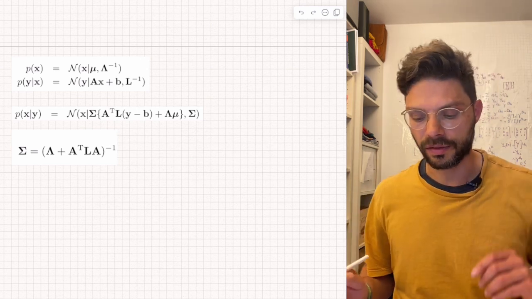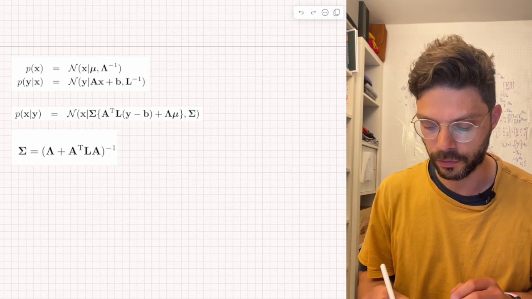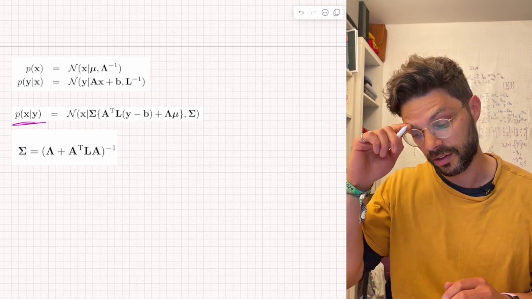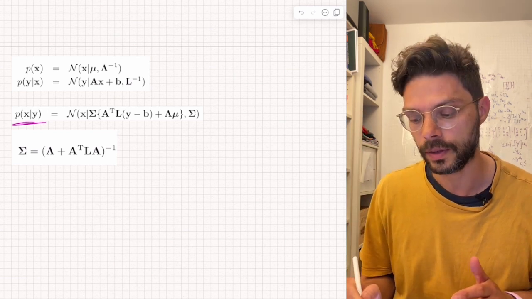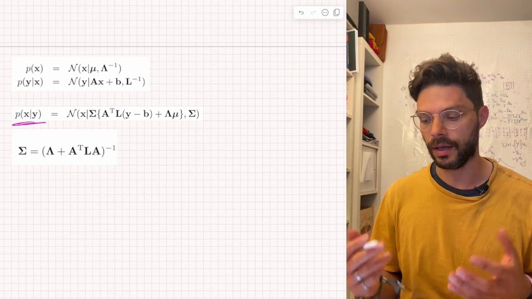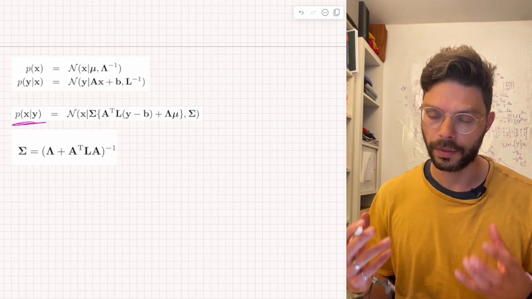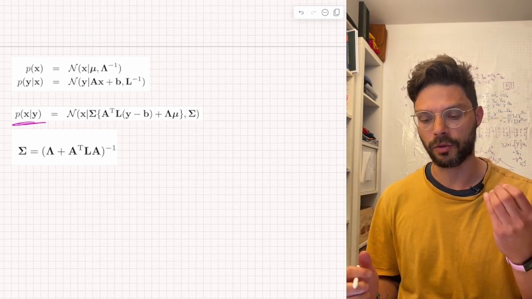Okay, so what I just wanted to do was, instead of just leaving you with the formulas for the posterior distribution, I was thinking today about how one could understand where this formula comes from rather than just taking it for granted, and I thought I'd share it with you. The basic idea is to think about it as combining information about x from two sources.